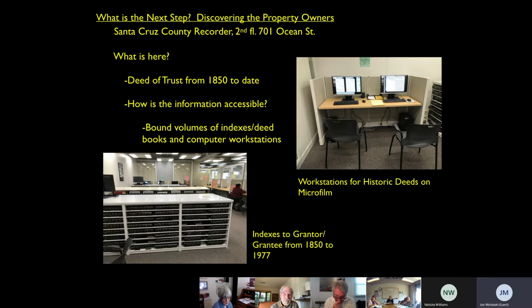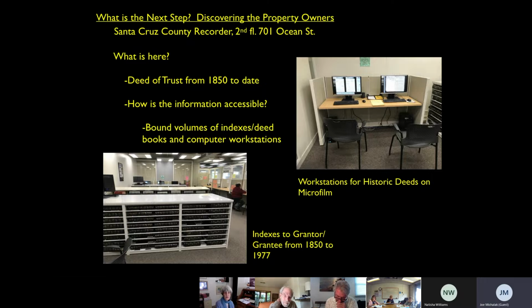Well, you go to the recorder's office, and what you're looking at on the screen here are the indexes. At the left-hand side of the screen are those bound volumes that are indexes to the grantor-grantee deeds. Now, the grantor is the person selling the property, and the grantee is the person buying the property. And those are from 1850 to 1977 in bound volumes.